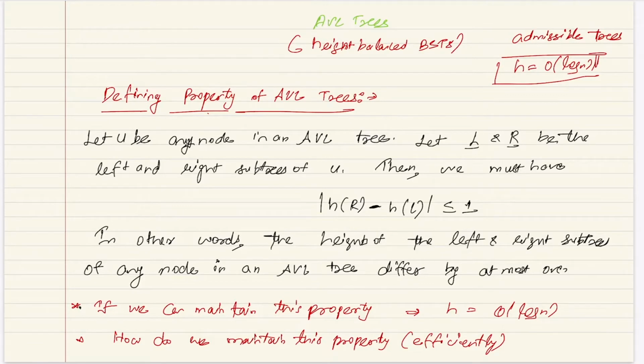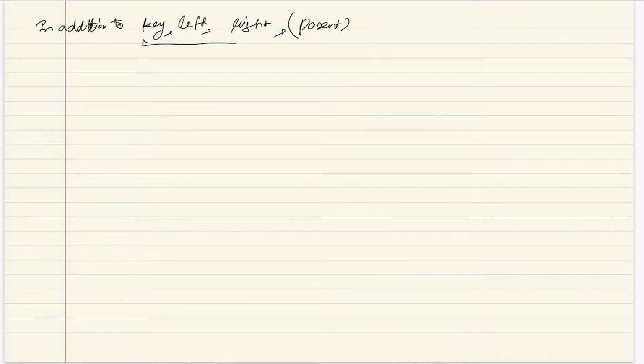Now before that, in terms of representation, when you do your coding, you have the key, the left, right, and maybe the parent pointers. Apart from that, in addition to this, what else do you need to store?